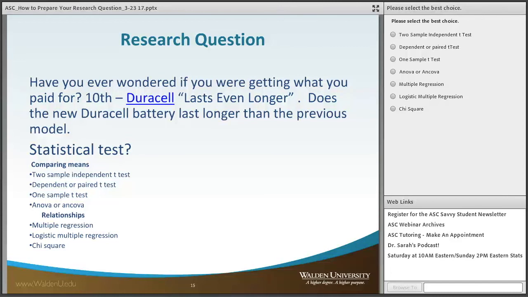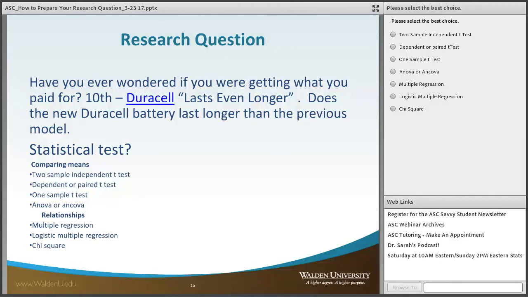So we're comparing means, because we wouldn't take one battery and compare it to just one other. So we would have a random sample of the new batteries and the old batteries. And so we have two samples. It seems very clear that we would be doing a two sample t-test.